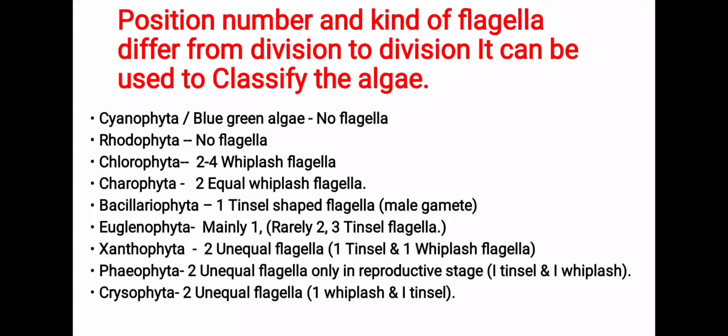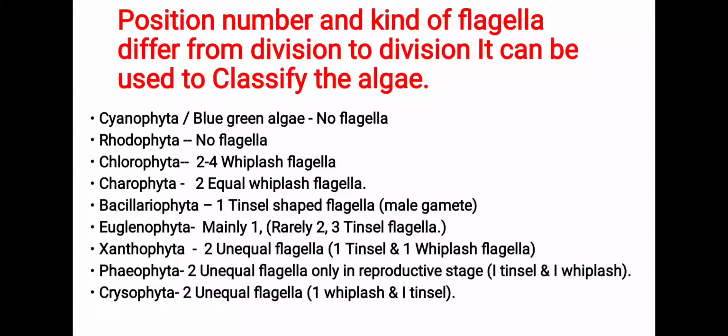In Charophyta, 2 equal whiplash type flagella may occur. In Bacillariophyta, one tinsel shaped flagellum is there and it is generally present in male gamete. In Euglenophyta, flagella is mainly one but rarely it may be 2 to 3 and the shape is tinsel type.